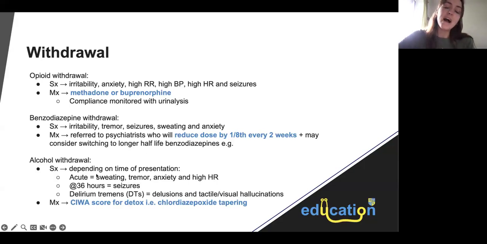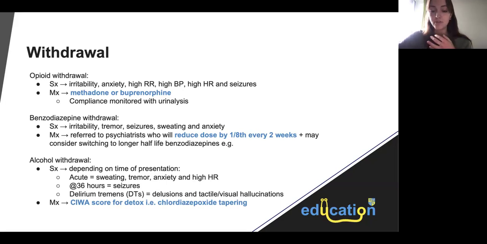And then alcohol withdrawal, we obviously know there are different points at which different symptoms present. So acutely, they can, again, be anxious, tachycardic, sweaty. And then at around 38 hours, they can have alcohol withdrawal seizures. And then obviously the most important complication to be aware of is delirium tremens, where they can spill over into having delusions and hallucinations and psychotic features.